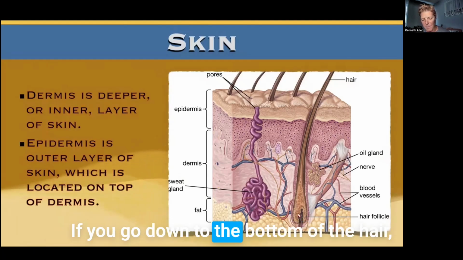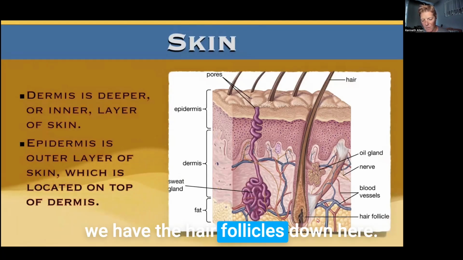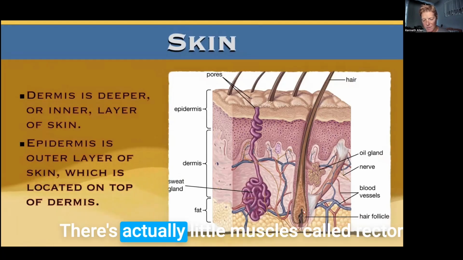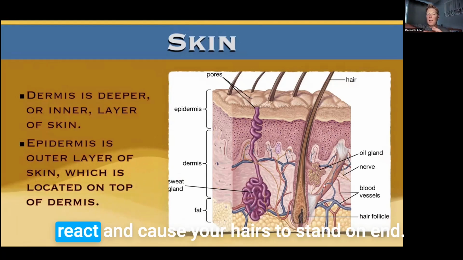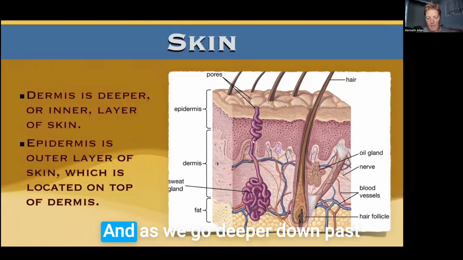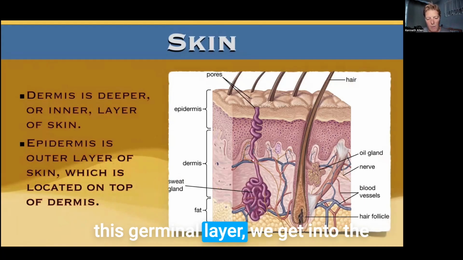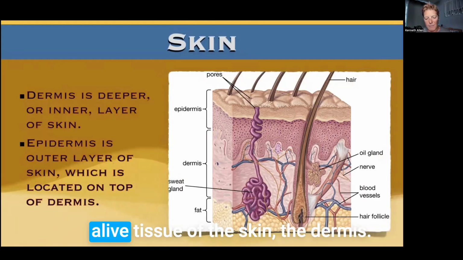If you go down to the bottom of the hair, we have the hair follicles. Down here, there's actually little muscles called erector pili, which still are in charge and will react and cause your hairs to stand on end.